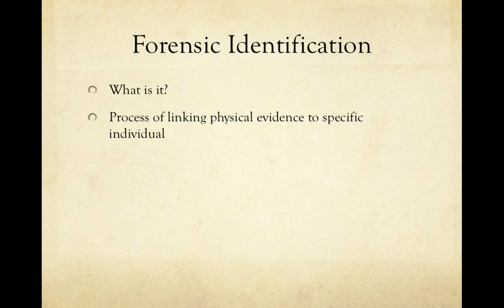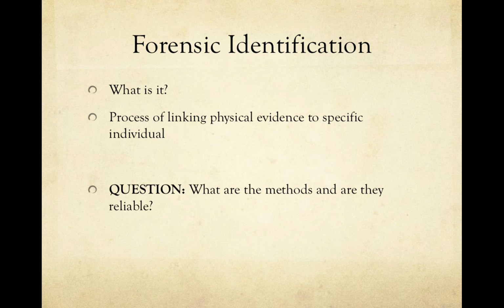So that really blew apart the whole bullet evidence. This leaves us with an overarching question of, what are these methods and are they reliable? That was an example of a case in which we thought bullet evidence was reliable until research showed that it was not as reliable as we thought it might be.